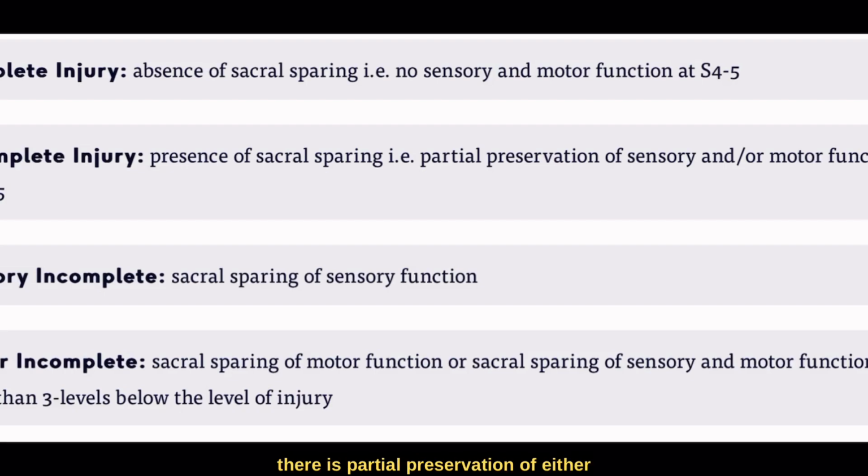That is, there is partial preservation of sensory and/or motor function at S4, S5 levels. So if it is a sensory incomplete, that means there is sacral sparing of sensory function, and if it's a motor incomplete, that means there is sacral sparing of motor function or sacral sparing of sensory and motor function more than 3 levels below the level of injury.